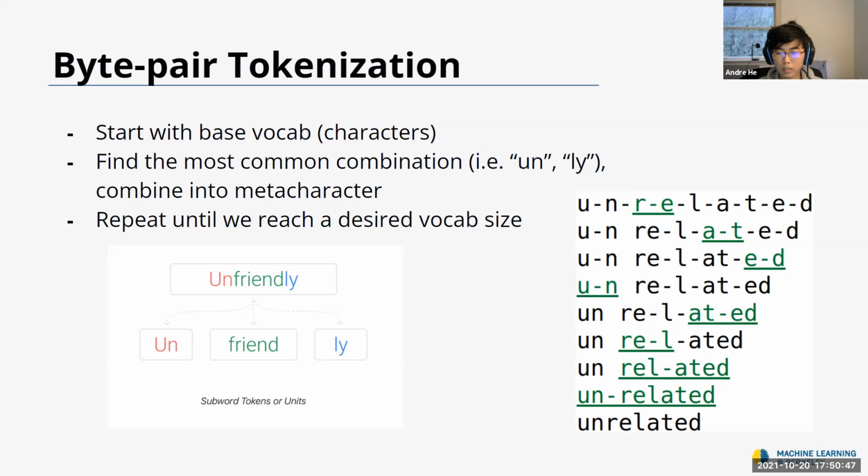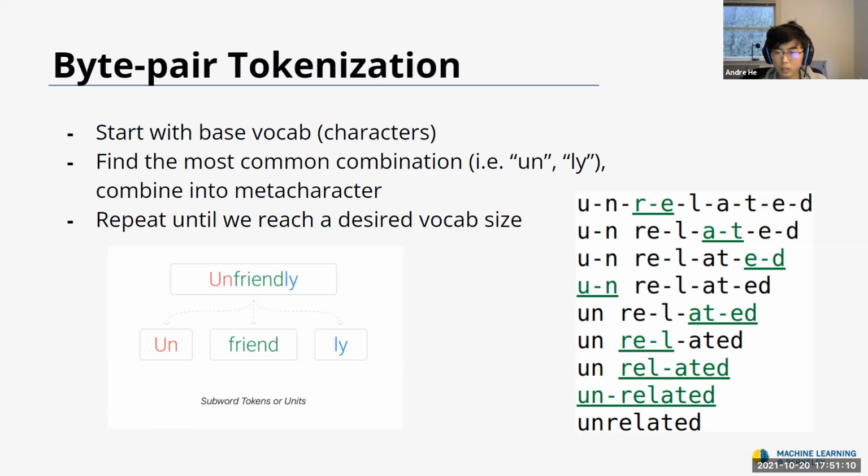On the right, you can see how this process might deal with a word like unrelated. RE is a pretty common combination in English, so it might combine those two first, and then AT, and then ED. At this point, you're still combining individual characters, but you realize that these meta characters can also be combined, right?